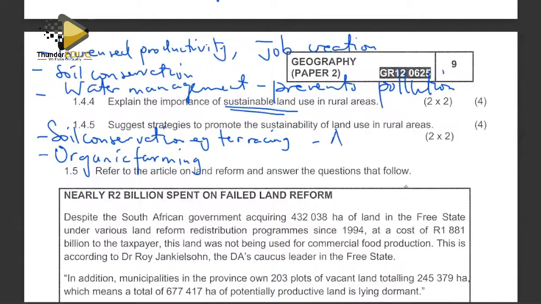We can also talk of agroforestry. While we do agriculture, we also need to plant trees so that we reduce soil erosion and land degradation. Then we can also look at other measures like crop rotation, engaging in sustainable farming through crop rotation.